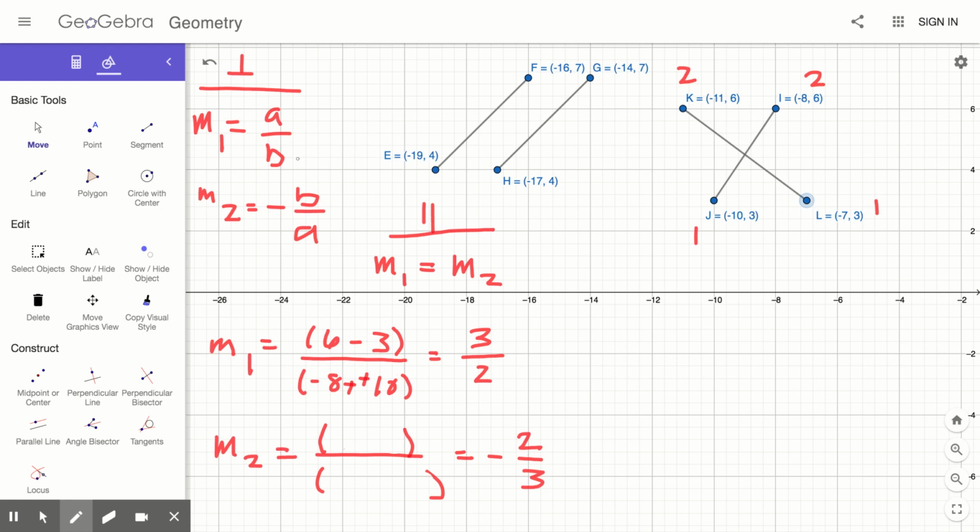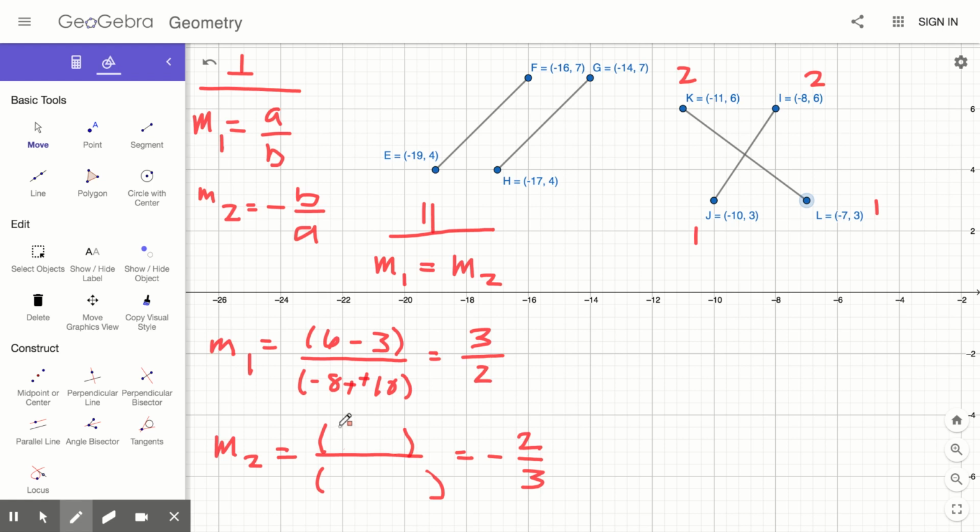So let's go through this process by using the coordinate points to figure out if these are indeed negative reciprocals of one another. So we pay attention to the coordinates of K and L. We're saying that K would be the second point, L will be the first point.